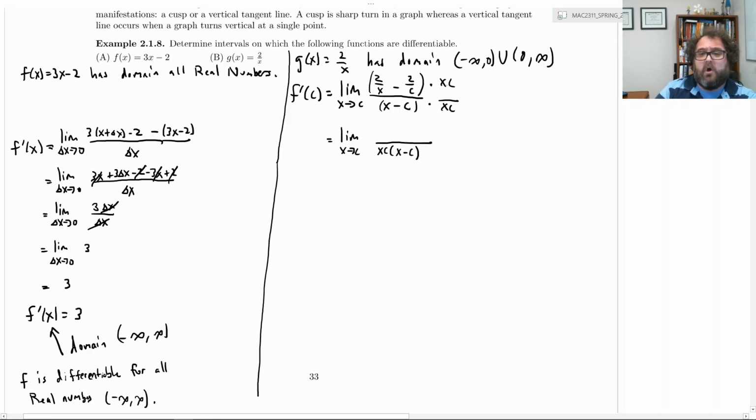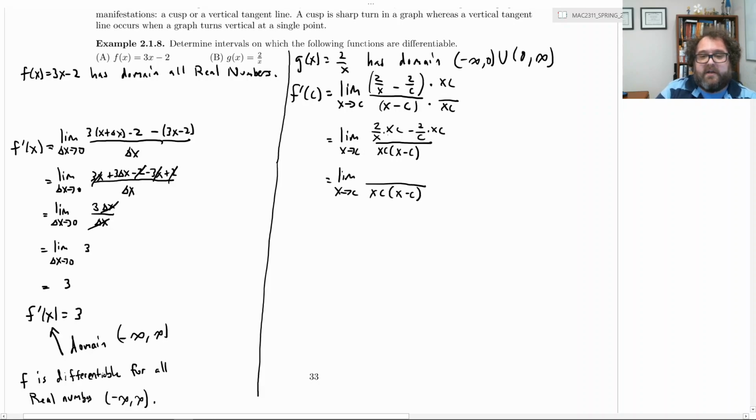On the numerator, though, I'll write it out, so I don't skip any steps. I'm going to show you everything. So this is going to be 2 over x times xc minus 2 over c times xc equals the limit as x approaches c. I'm going to leave the denominator alone, xc times x minus c.